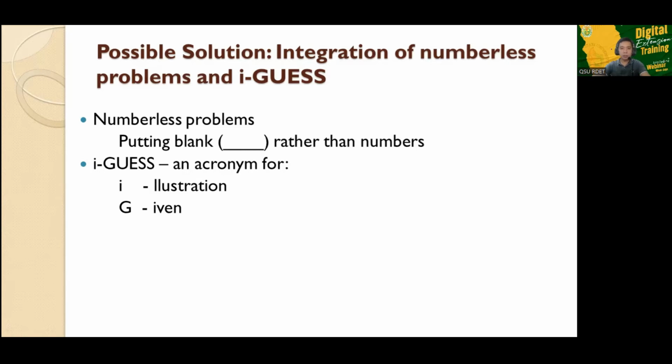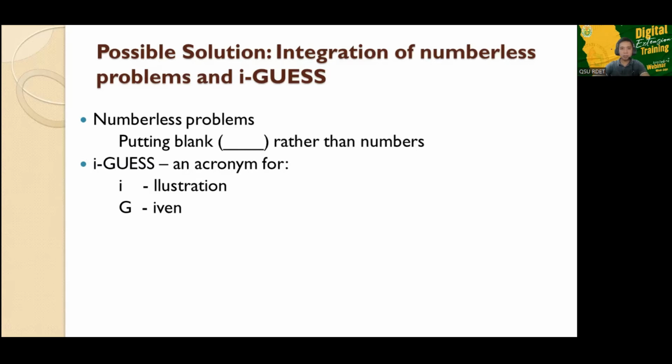Given refers to the relevant information that is needed in order to solve the problem posed. Okay? In the given, ilalagay na rin dyan yung symbol that they represent, okay? Including the corresponding units.